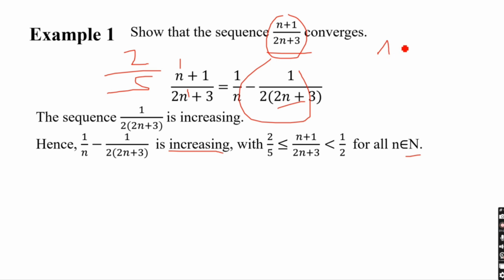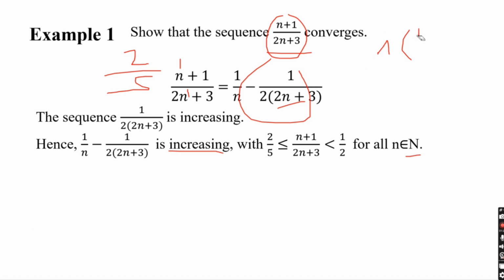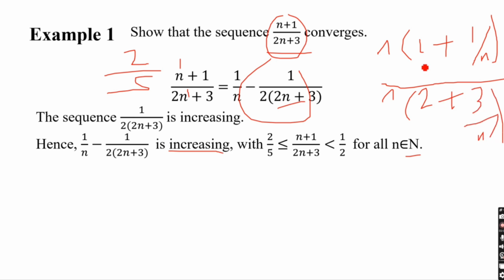Now 1/2 means, when we remove n as a common factor from this function, it will be (1 + 1/n) over (2 + 3/n).